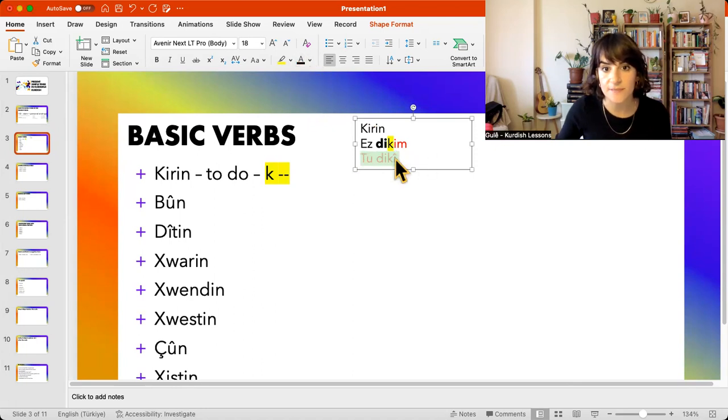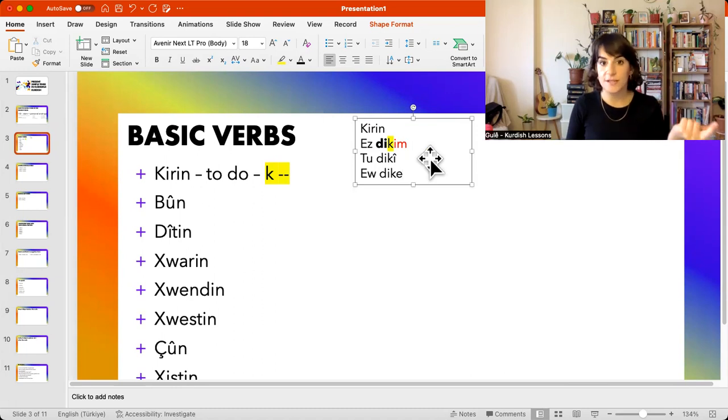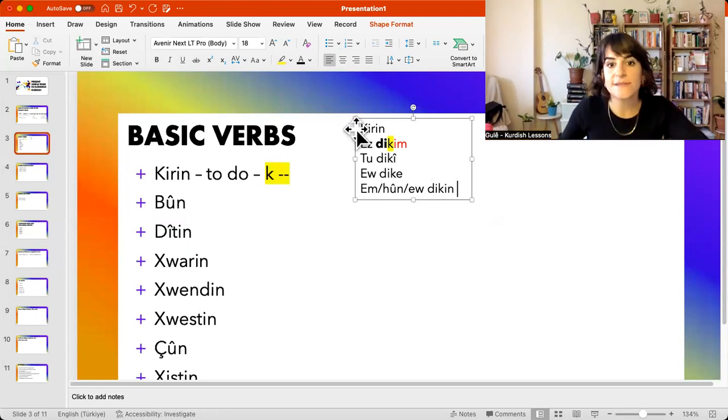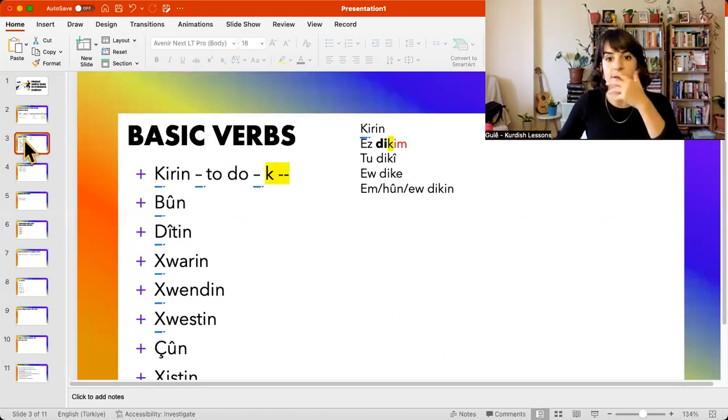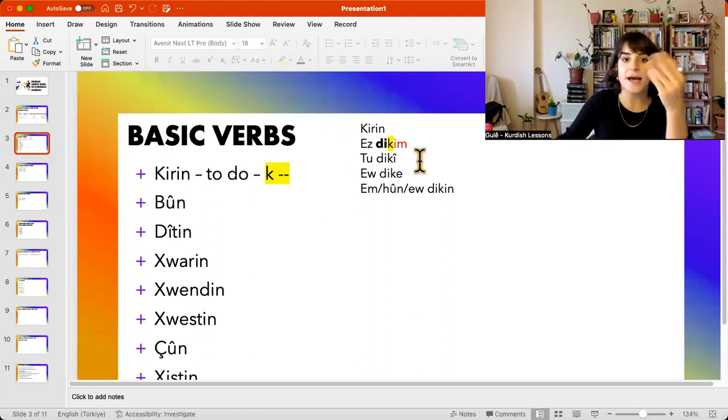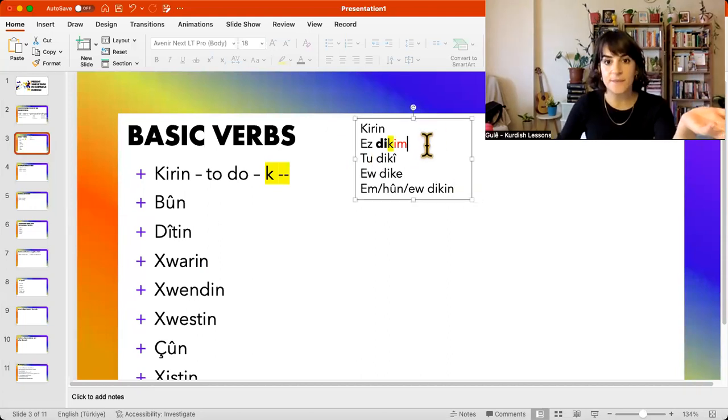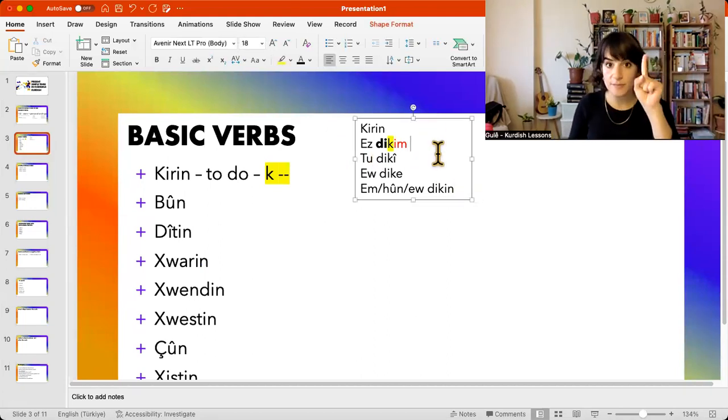Then "ew dike", he or she does, and "em, hûn, ew dikin". So you see the endings e, a, n; they are the same endings. But you know, I say present tense, and in Kurmanji we have one present tense.